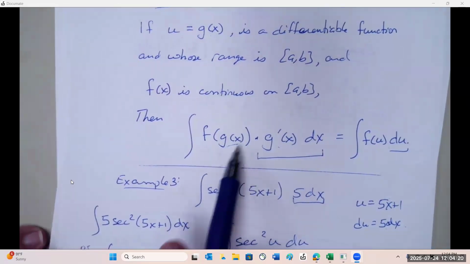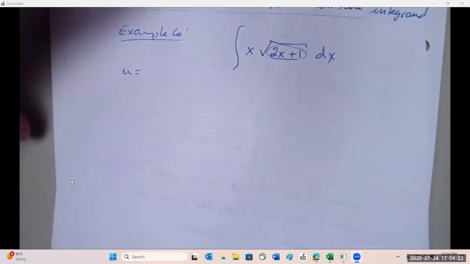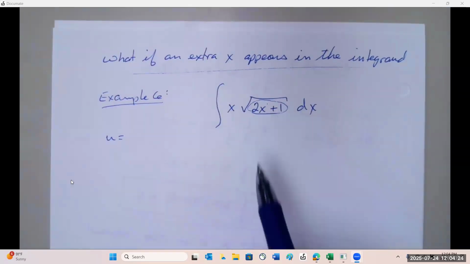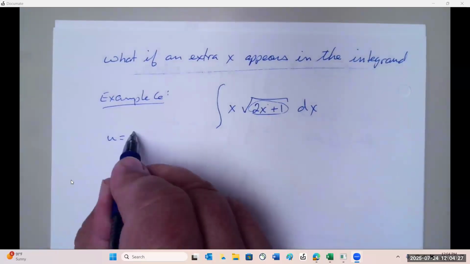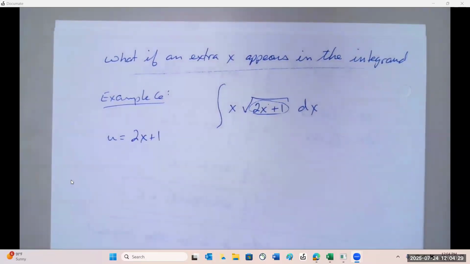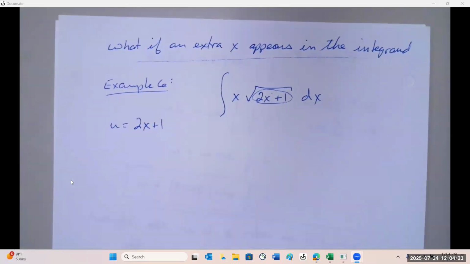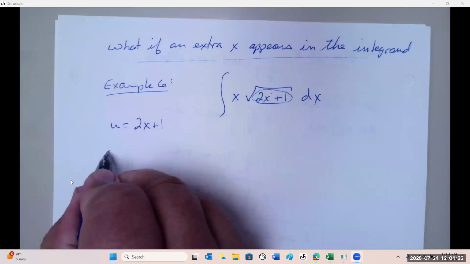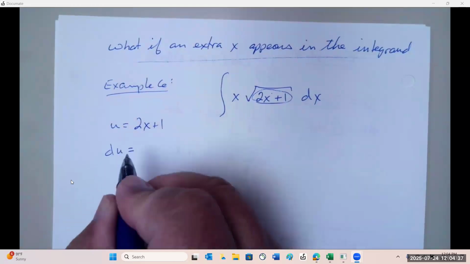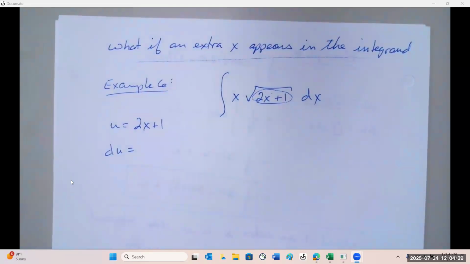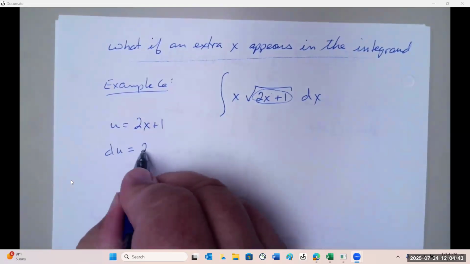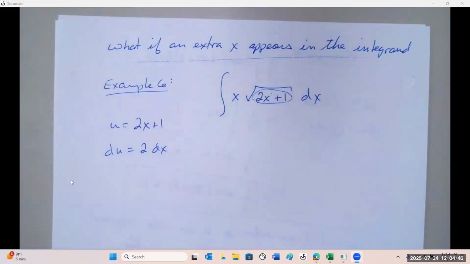We have a function within a function. So u is going to be the interior function. What's our du going to be? 2 dx.